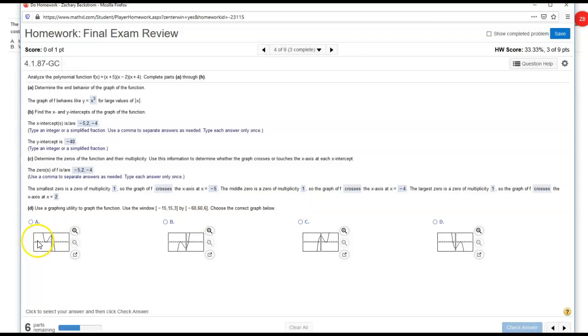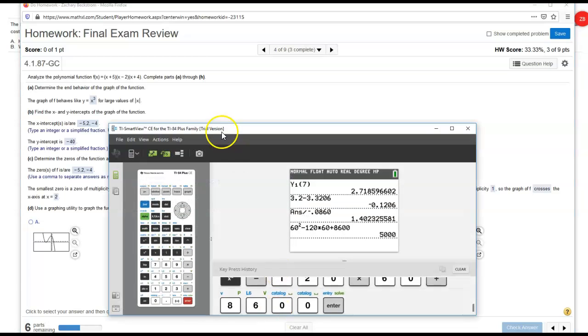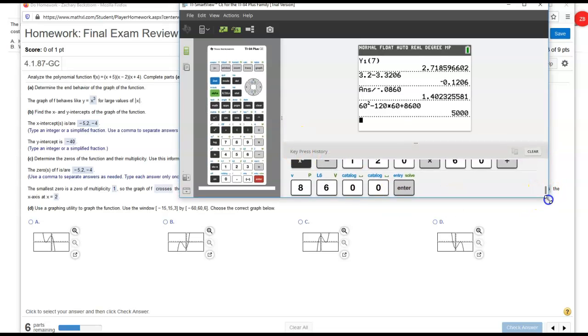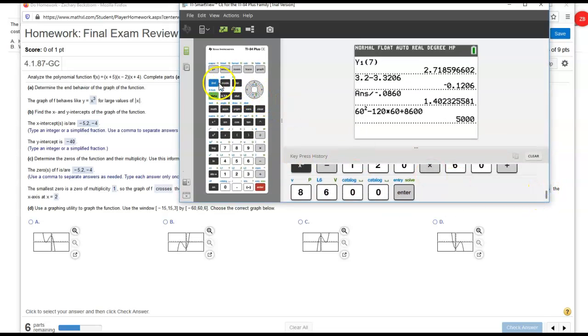All right. Next one here says use a graphing utility to graph the function. Use the window. They give us a window here, so let's go ahead and pull this up. Let me make that slightly bigger here. Okay. Clear this out.